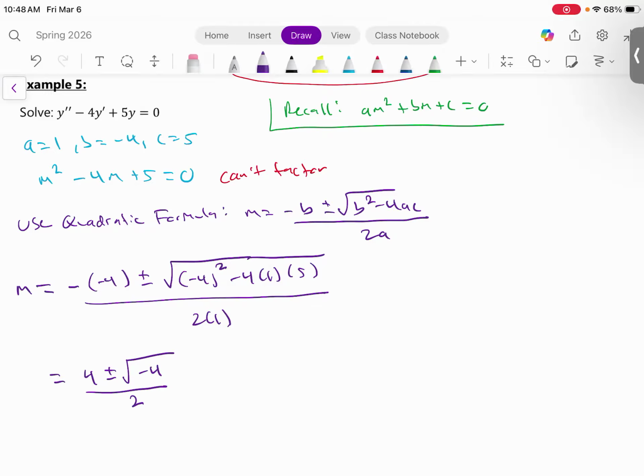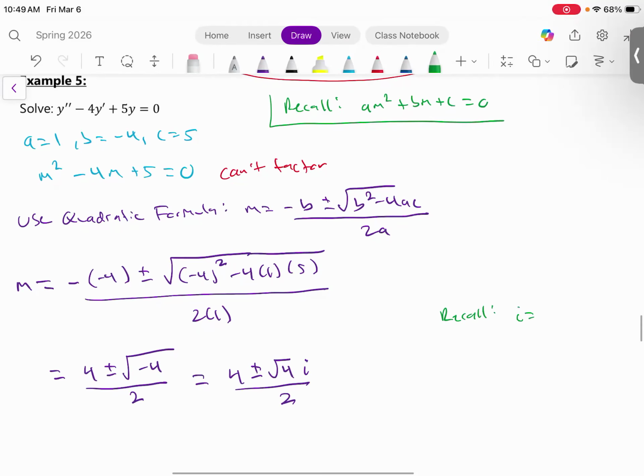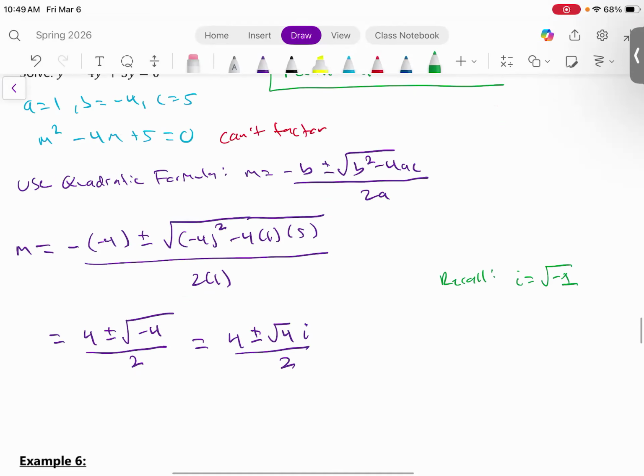Oh, so we have a negative inside of the square root. So what happens when we have a negative inside the square root? Well, recall from your previous math that i equals the square root of -1. So we can just take that out.